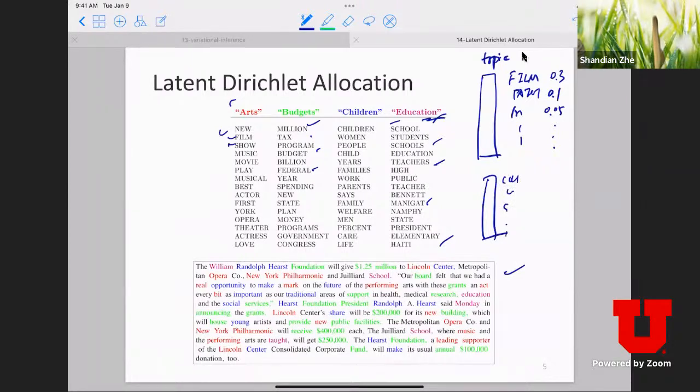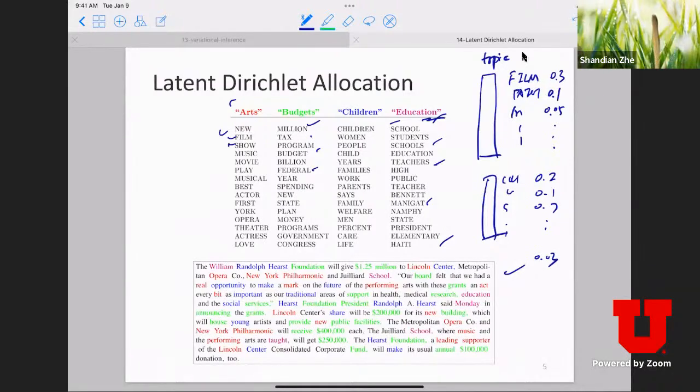You can imagine their probabilities to appear might be 0.2, 0.1, 0.3. And for other words that are unlikely to appear in text about education, the probability might be very low, like field might be just 0.03.